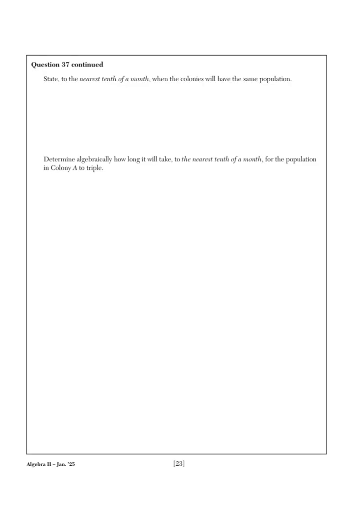Okay, so state to the nearest tenth of a month when the colonies will have the same population. Basically we want to know where they're equal to each other. If you look at the graph, you can take a guess, but we don't really know specifically. We know it's somewhere between 2 and 3, but we need a specific answer.